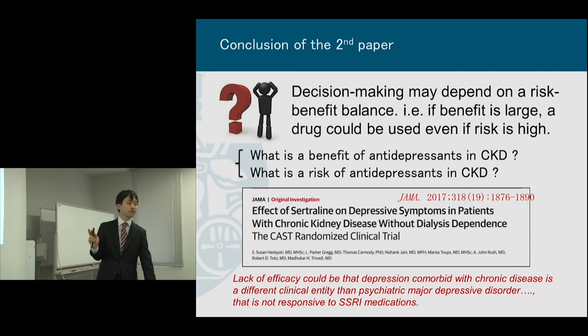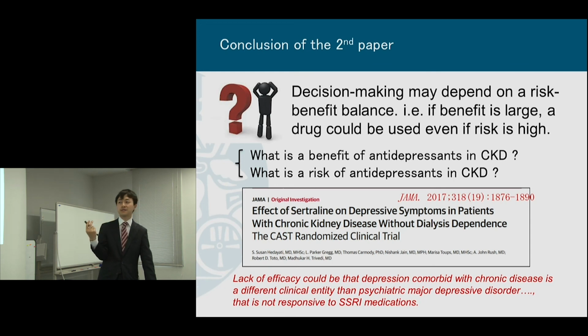And there was no significant benefit of antidepressants, sertraline, in this study population, with the discussion that the lack of efficacy could be because depression comorbid with chronic kidney disease is a different clinical entity than psychiatric major depressive disorder that is not responsive to medications. So in total, benefit is not increasing, or rather decreasing, in patients with CKD.